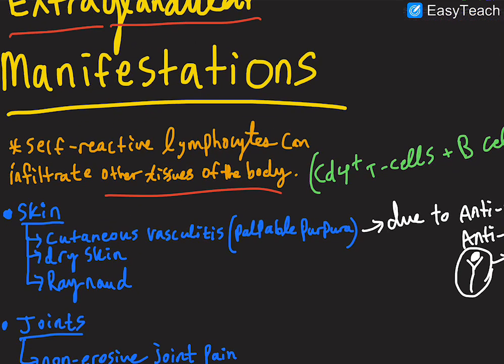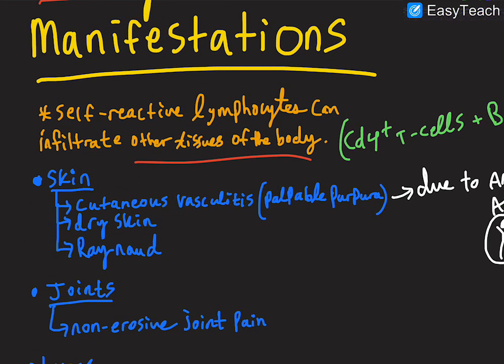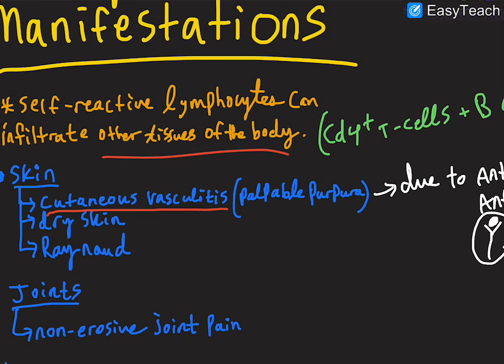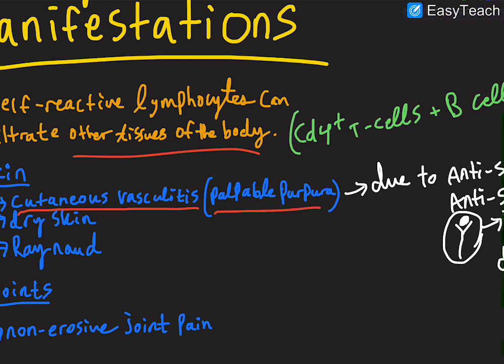All right, so let's see how this works. One body system that can be affected in Sjogren syndrome is your skin. You can have damage of the small blood vessels that supply your skin, leading to cutaneous vasculitis. And if you get cutaneous vasculitis, you can get something called palpable purpura.